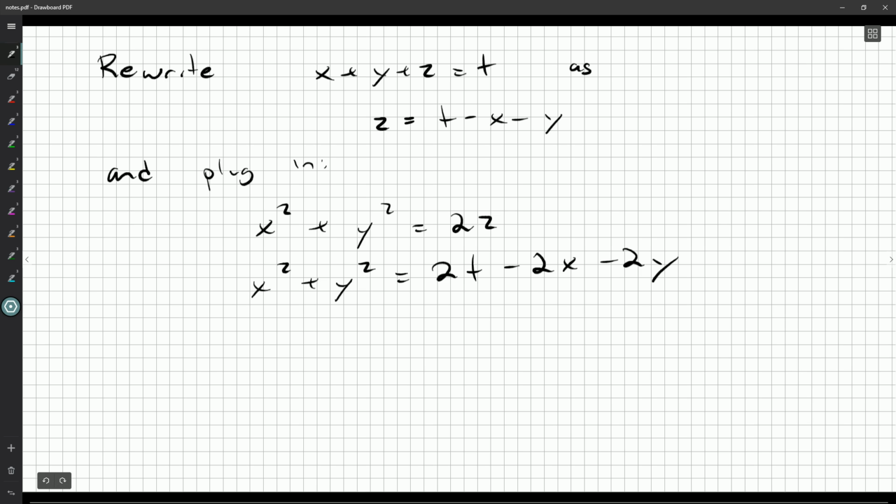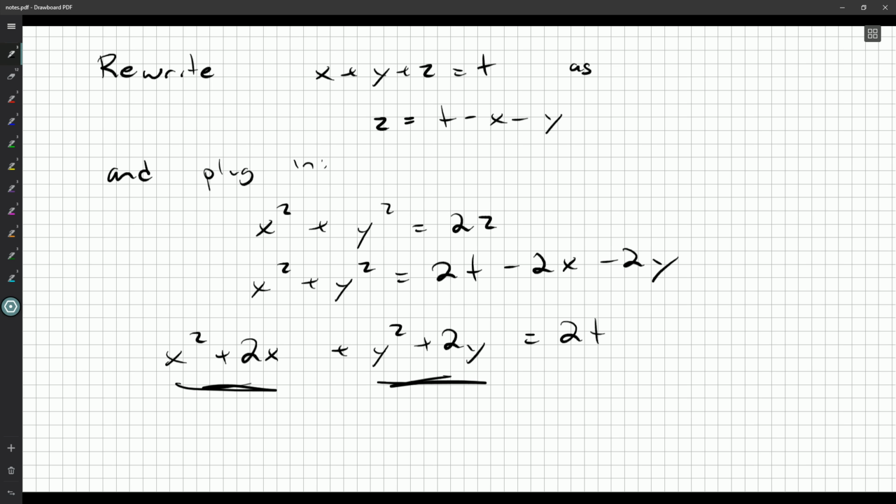Okay, so t is some number. Now if we bring over our 2x's and 2y's, these are begging, please complete the square. And we realize, oh, this is just going to be a circle with radius t.